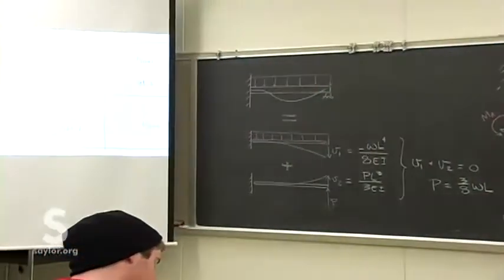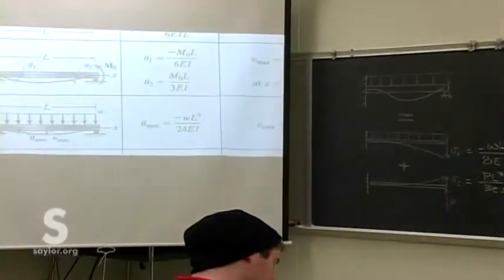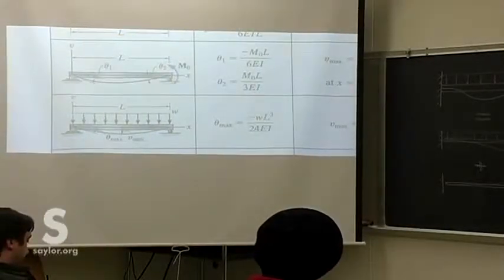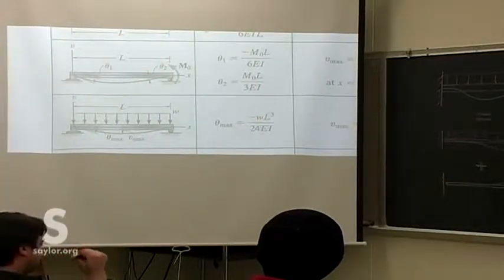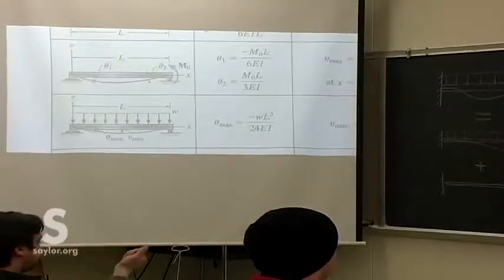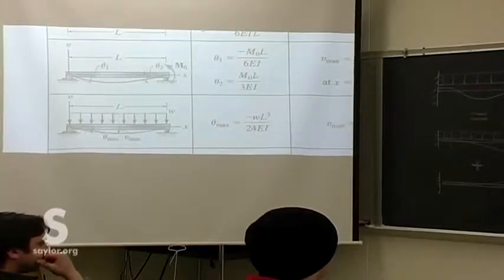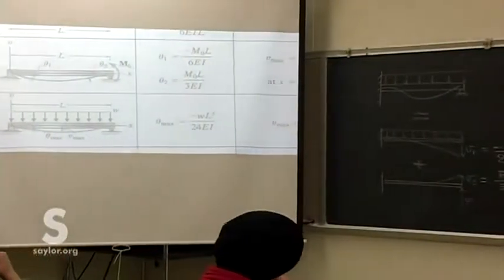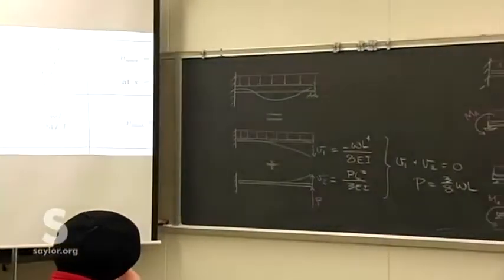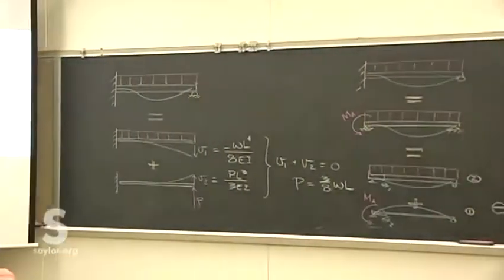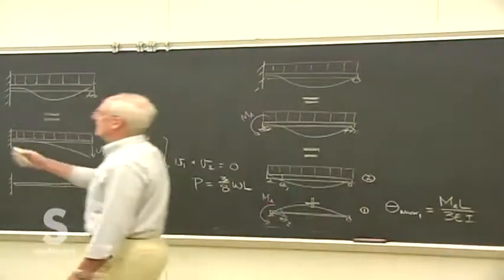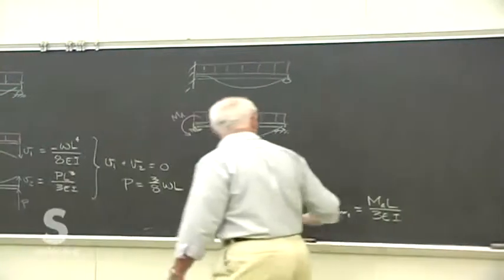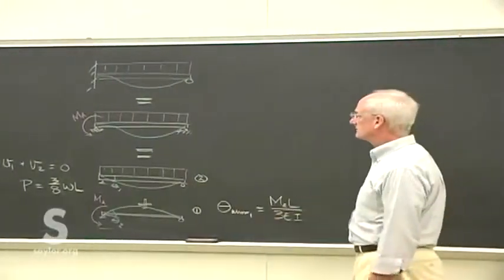I have it listed as MA L over 3EI, and as pictured, that will be positive. So if the moment's positive, then this will be in the correct direction. Because both the sides are swapped and the moment's swapped, that's like two negatives, so we can use the same equation.